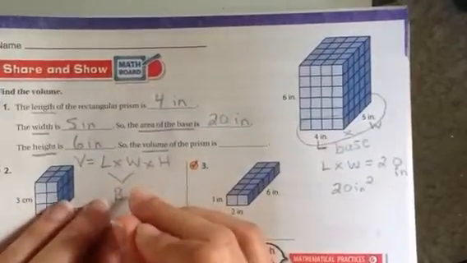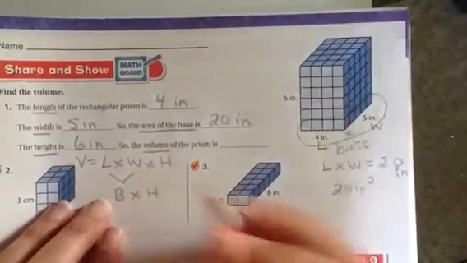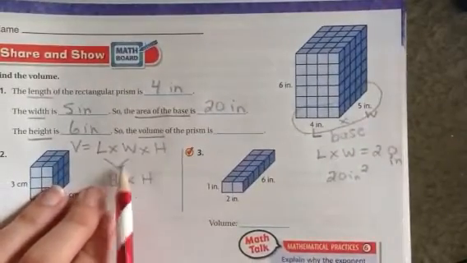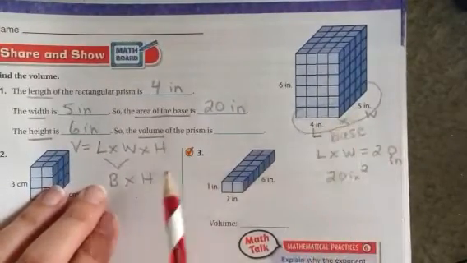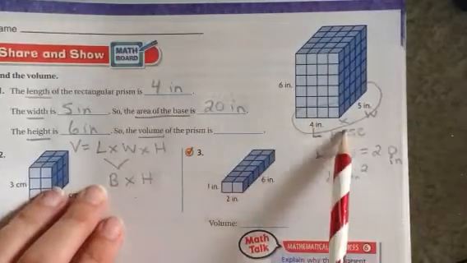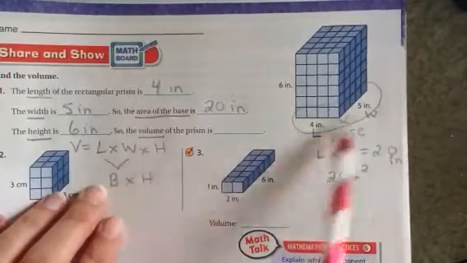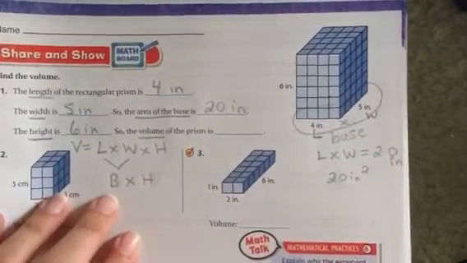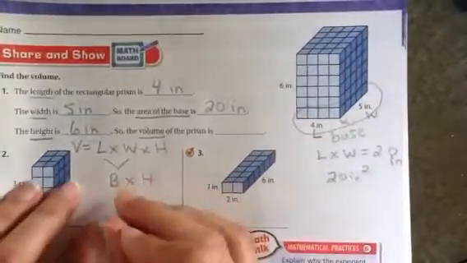So you'll see volume written in 2 different ways, which is really the same thing. We're either doing the length times the width, which is the base, times the height, or the base, we could call this whole piece right here, the length and the width, times the height. The base times the height. It's the same thing.